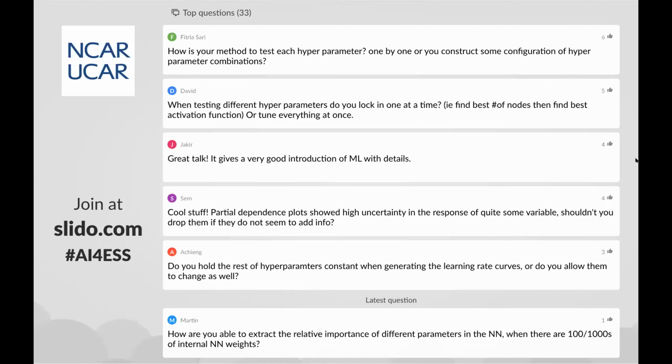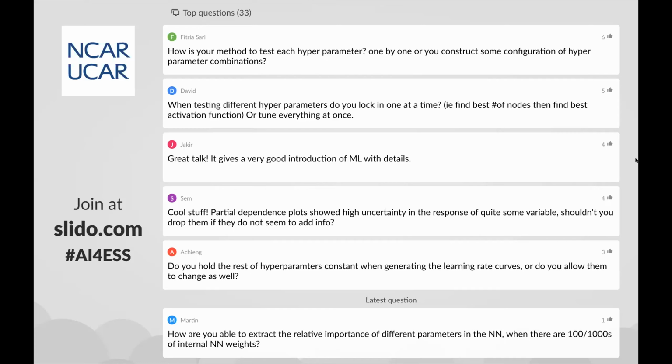Once I decided on 2 hidden layers, I built a loop to go over the number of nodes in each of those layers, and then selected some of the best performing configurations. On those configurations, I tested different learning rates and different batch sizes. And so that was some of the results I was showing.